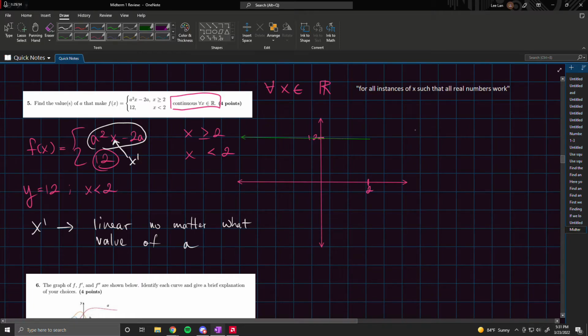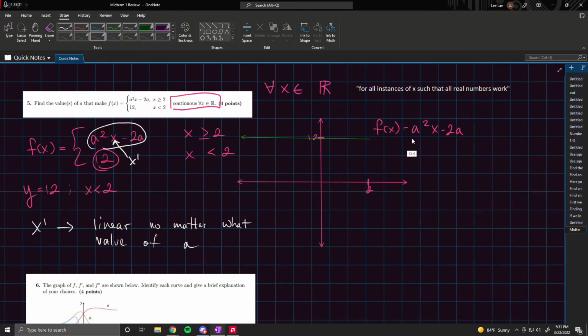All right, so we have a squared x minus 2a, and this is a function of x.